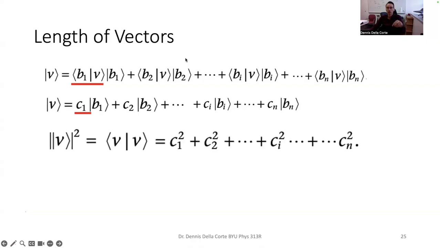And then we use the Pythagorean theorem in high dimensions, which happens to be the same as in 2 dimensions. In 2 dimensions, you have a squared plus b squared equals c squared. In n dimensions, you have a squared plus b squared plus c squared plus blah, blah, blah, blah until n squared. So the length of this vector here is going to be the bracket product of the vector with itself.